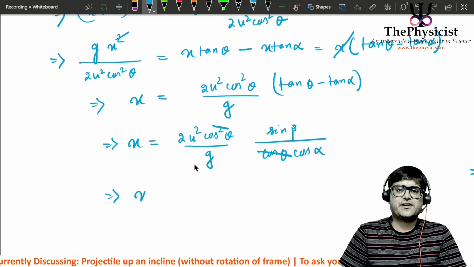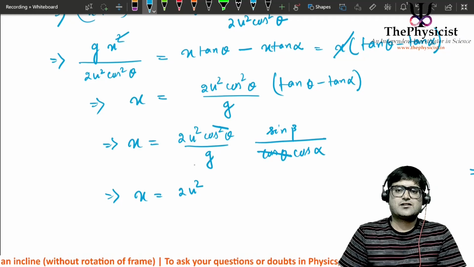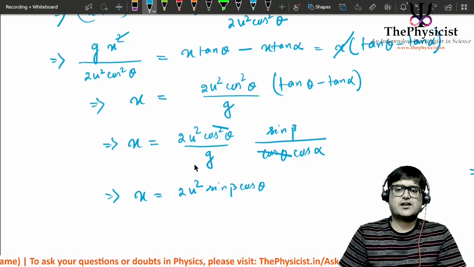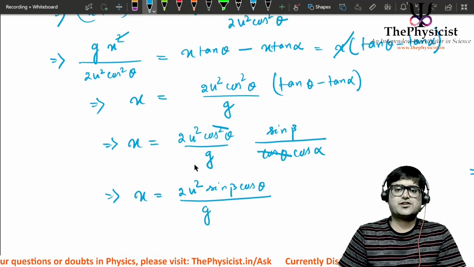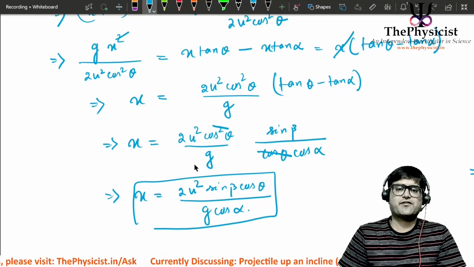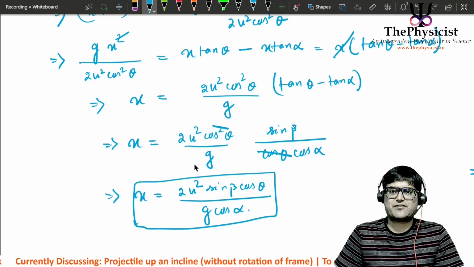Now simply speaking, x is 2u squared sin beta cos theta divided by g cos alpha. We will be needing this value of x much later, but for now that is the value of x.